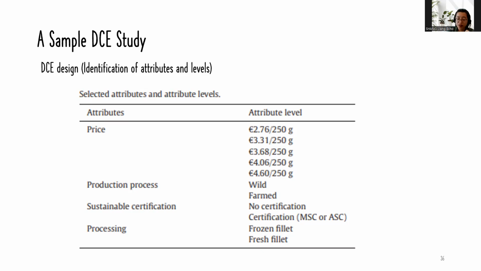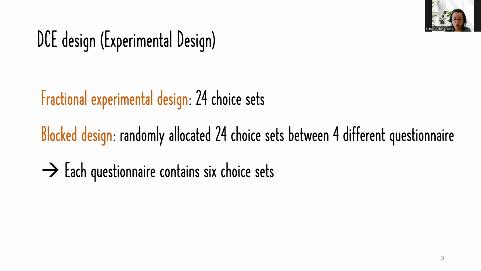So after having this, the next step is to consider the experimental design. How can we incorporate these different attributes and attribute levels into an efficient DCE design? The scholars decided to adopt a blocked fractional experimental design.